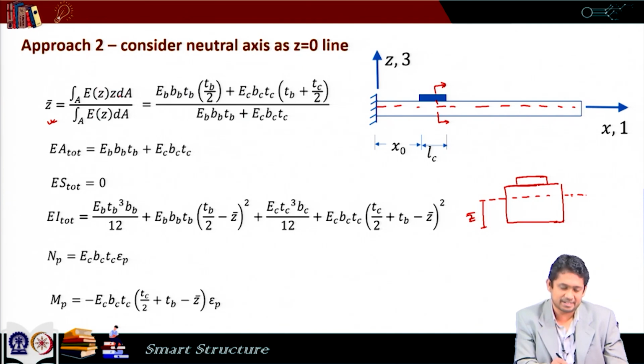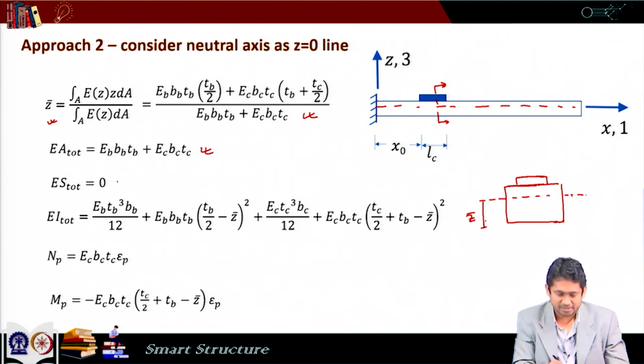So, instead of having z dA, we have E as a function of z into z dA integrated, and instead of just dA integrated, we have E dA integrated. So, that gives us the position of the neutral axis, which is z bar.